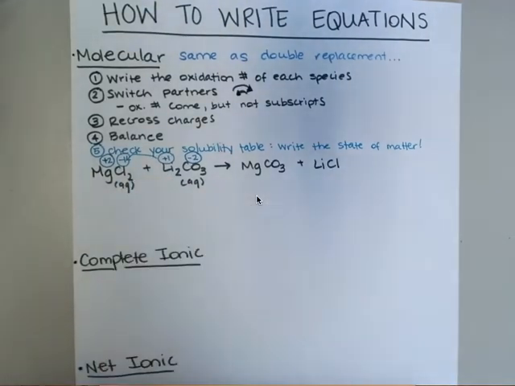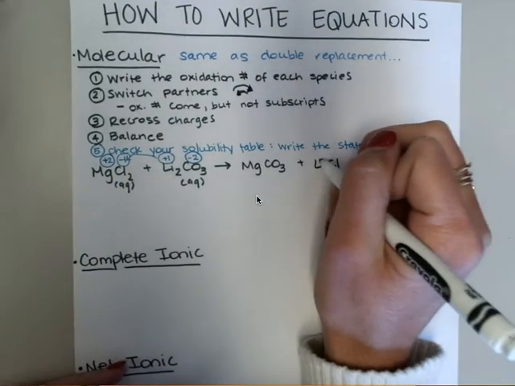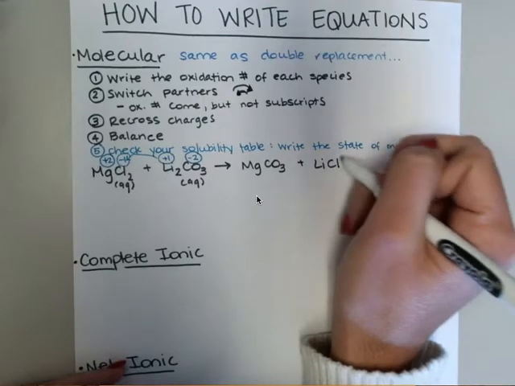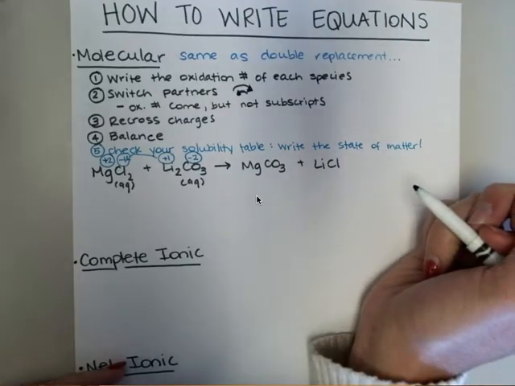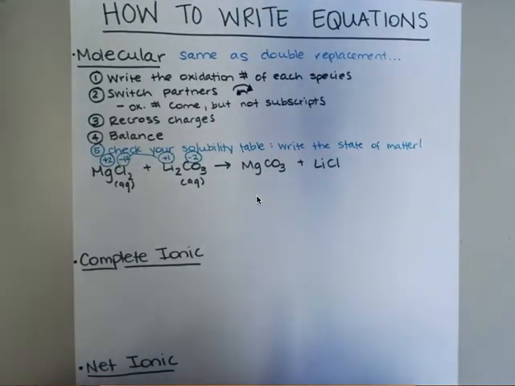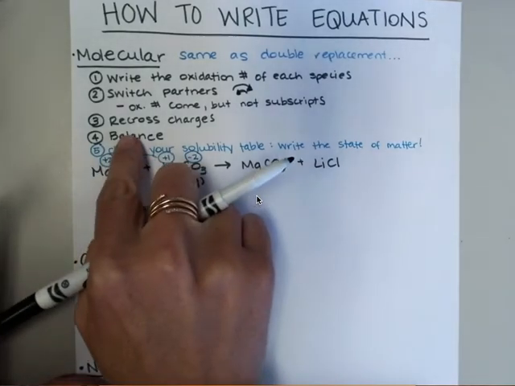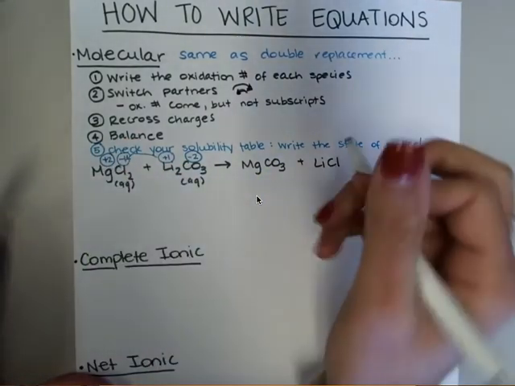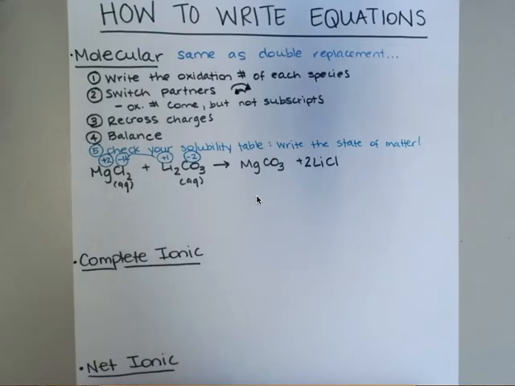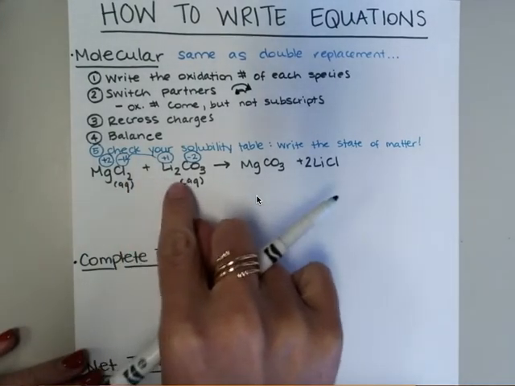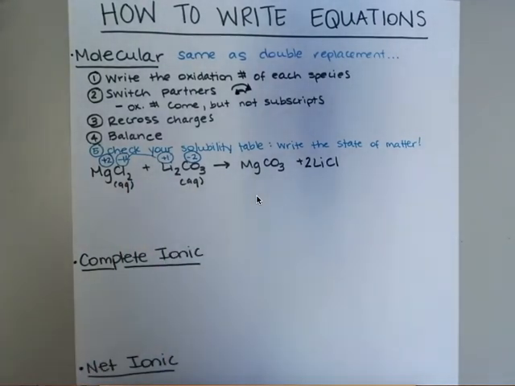These subscripts don't come with them. Lithium's a +1, chloride's a -1, so there are no subscripts. I don't have to really cross any charges here, but remember that you could have to. Then balancing that equation, I actually need to make 2 lithium chlorides to balance, since they had subscripts in the reactant side but not on the product side.